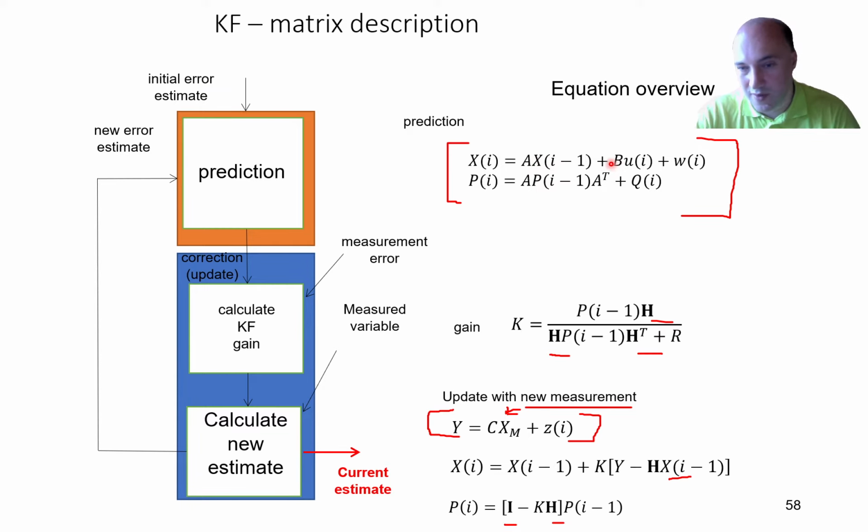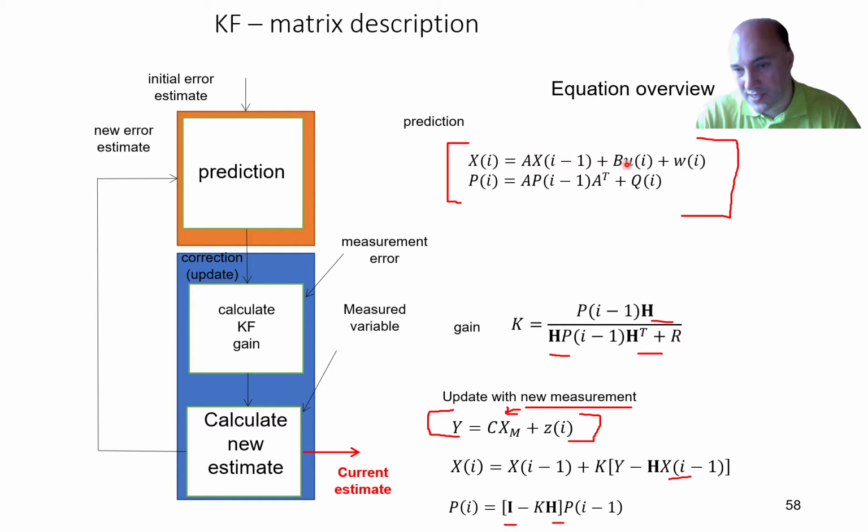If you are familiar with control systems, then this is nothing else than a state space description of a system. So our new state depends on the previous state, which is hidden in the x minus 1, times some matrix that I will call A, and this matrix will describe how the system behaves in terms of dynamics.